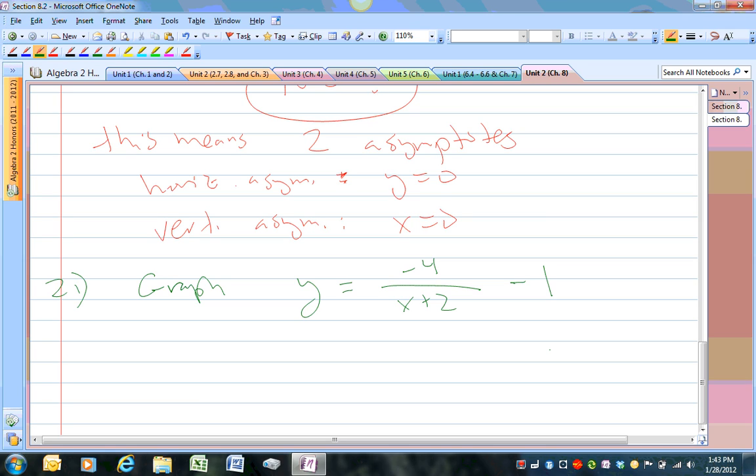Now, some things to keep in mind. The general formula for rational functions will be the following.